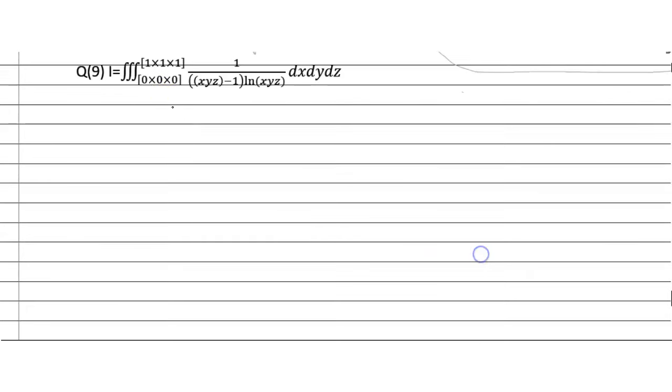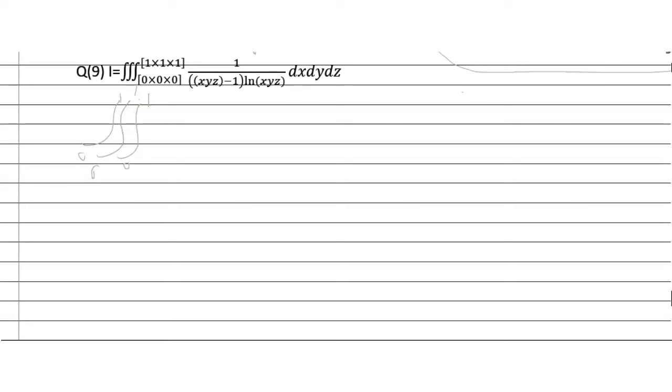48 eta 7. Now question number 9, in triple integration 0 to 1, xyz ln xyz dx dy dz. So friends, I will apply the generalization, same formula, 0 to 1, 0 to 1, 0 to 1.